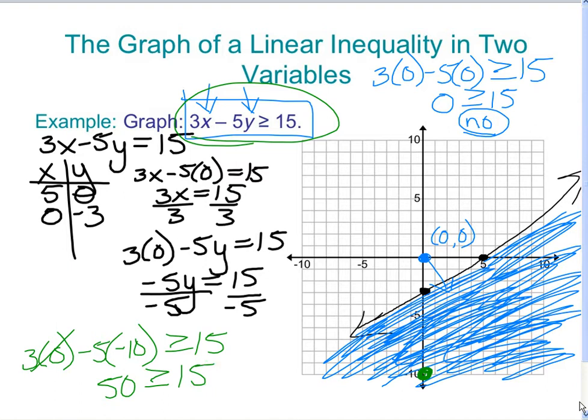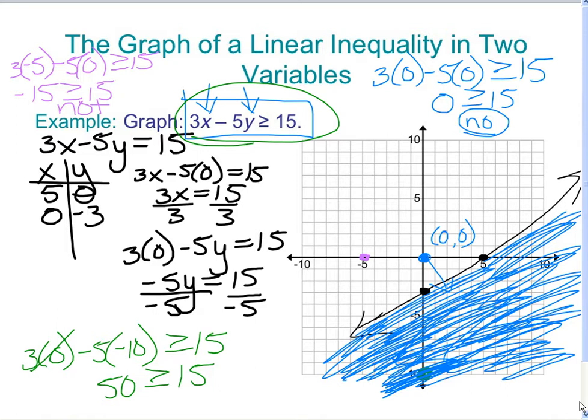Now, you knew that because it was shaded. On the other hand, if I were to choose a point over here, like negative 5, 0, if I were to plug that point in, so now I'm going to go up here, I have 3, I'm going to plug in negative 5, and plug in 0 for y. 3 times negative 5 is negative 15, subtract 0, and you see that this is not true.